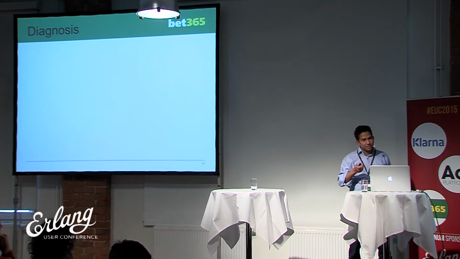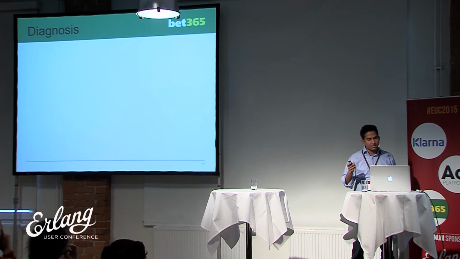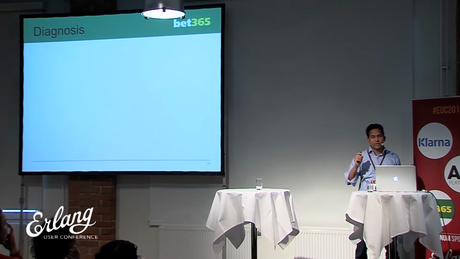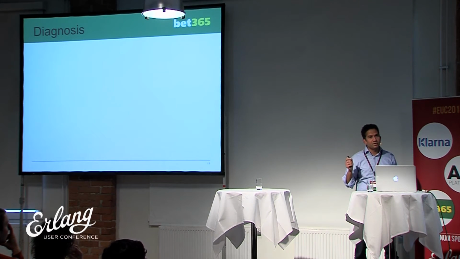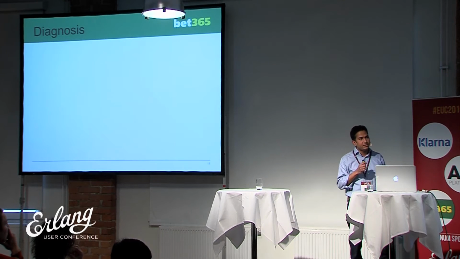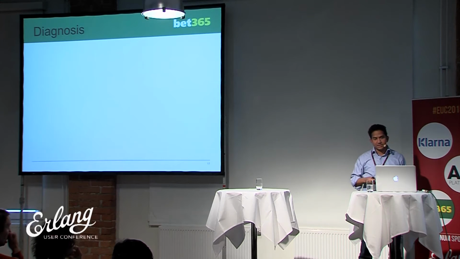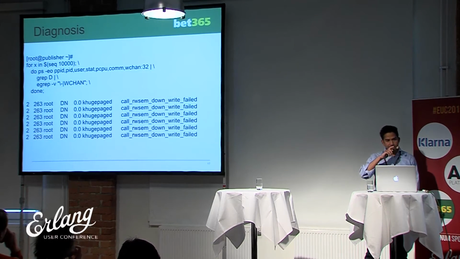But one thing we noticed when we were running htop on the box was that on a fairly regular basis, pretty much all the beam threads would go into an uninterruptible sleep state. It shows up as a D in the process state when you look at the process listing. And I wondered what that was about.